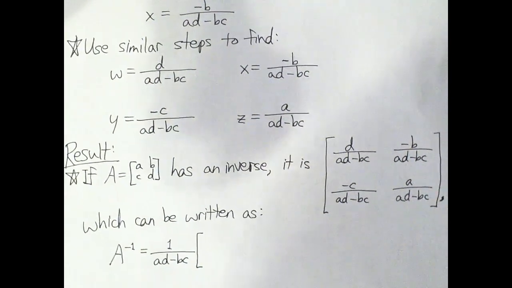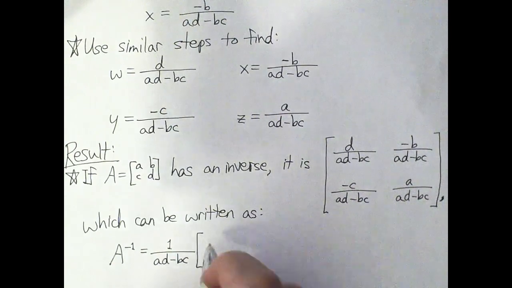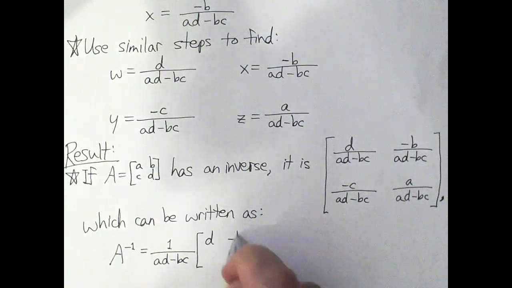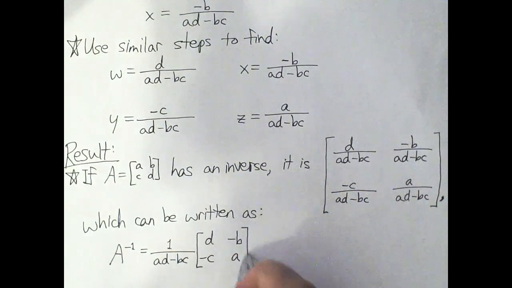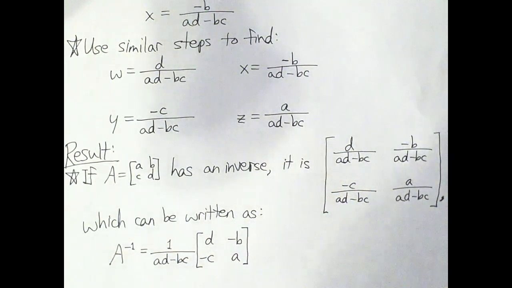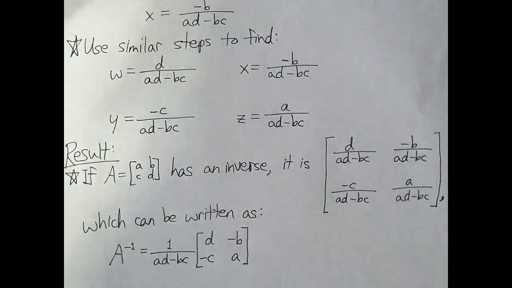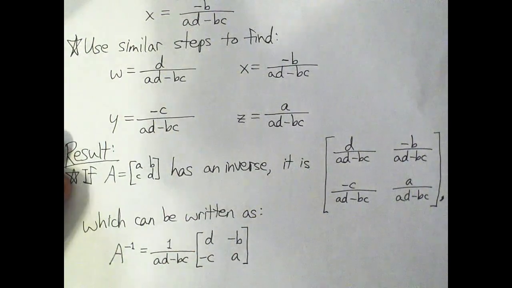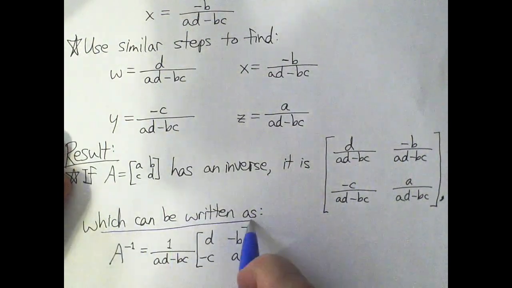What happens if you pull that out? If you pull that out, what are you left with? D, minus B, minus C, A. Maybe that's a nice compact way to write it. Maybe that's a little bit nicer. Let's put a box around this. It's pretty important.